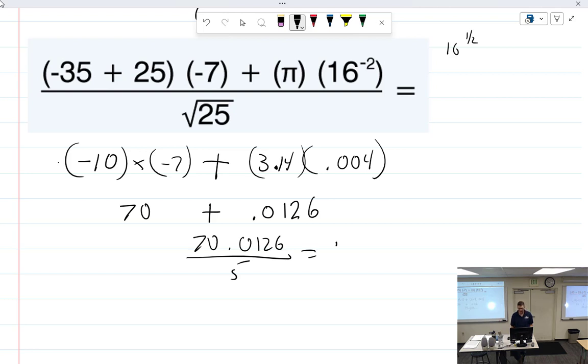And I got what I heard before, 14.0025. You can take away a 0. I got 70.00. Let me see. 3.14 times 0.004 equals, nope, I got 0.0126.